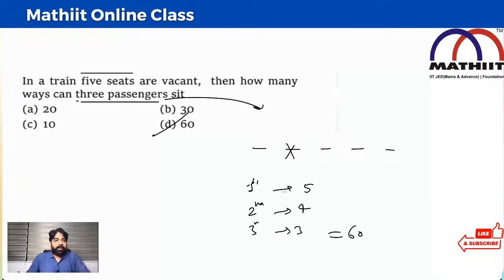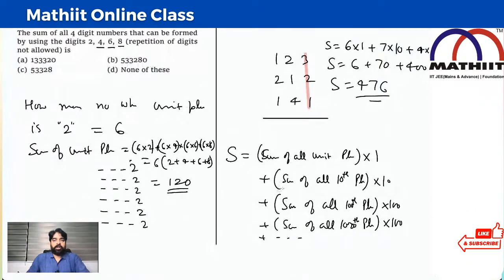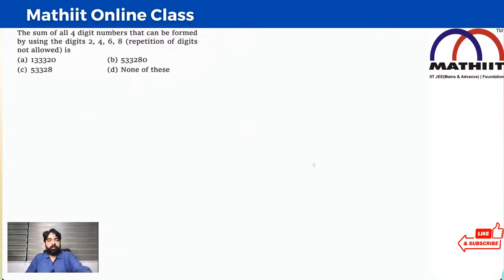So last time, what we discussed, this question I was discussing. One more time, I will just give the brief idea. The sum of 4 digits. Whenever you have to find the sum, first find out the sum of all the unit place, then tenth place, then hundred place, then thousand place, and only then apply the formula.